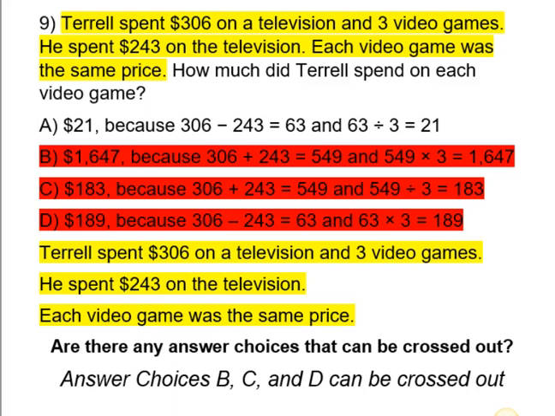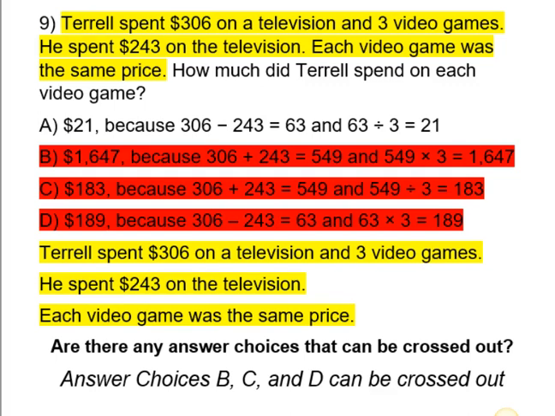And for D, we started off in step 1 right. The 306 minus 243 is equal to 63, but they multiplied the 63 times 3, and that is equal to 189. That's incorrect as well, because if we are trying to find out how much each video game costs, we need to divide.